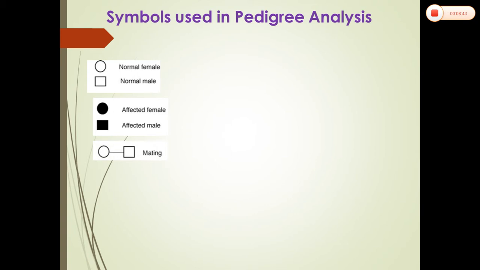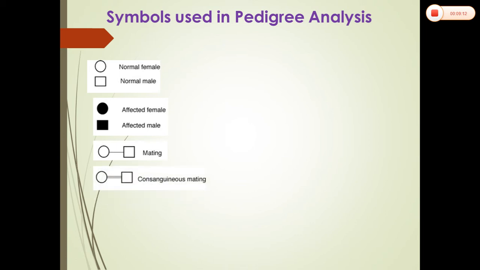Next, a marriage is shown by a horizontal line between circle and square. It could be a normal male, normal female, or an affected male or affected female, but a horizontal line between circle and square shows marriage or mating. Next one.